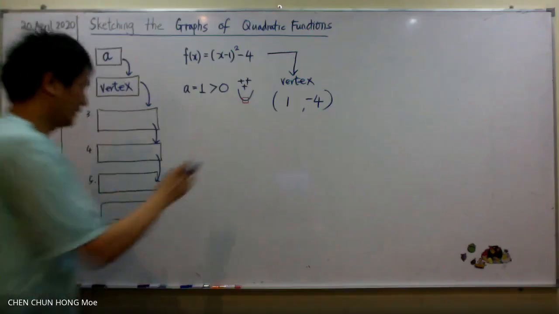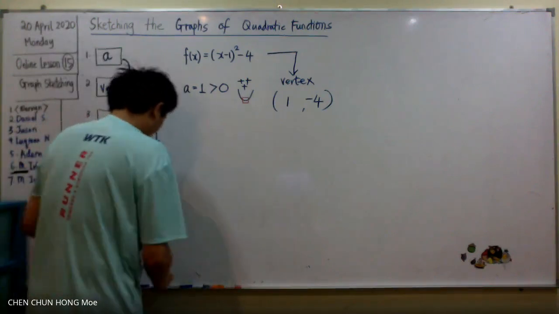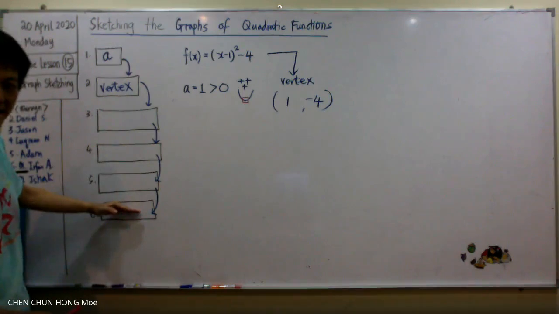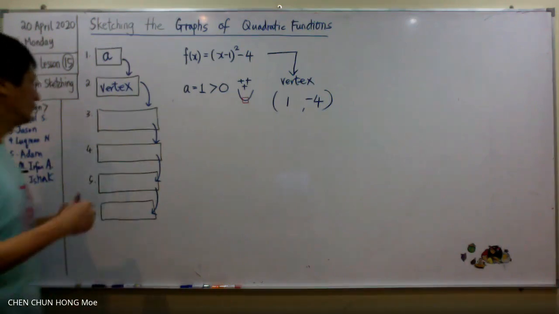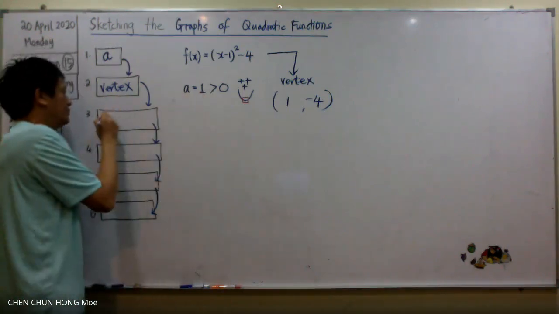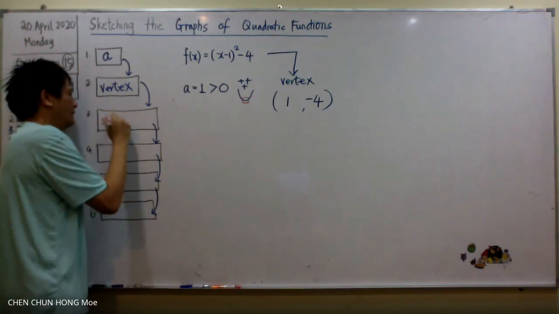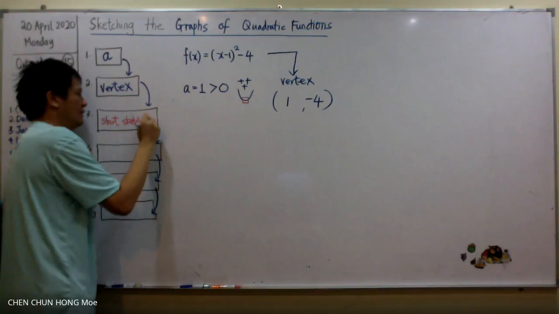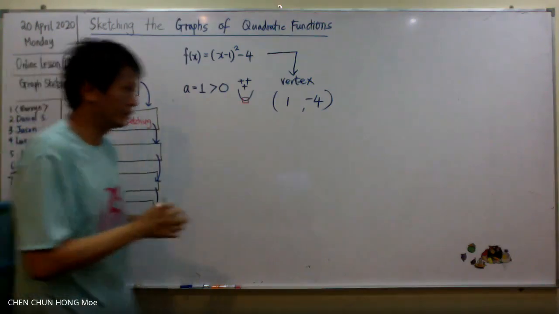So getting the vertex, in fact, some people get all the information before they start sketching. I will recommend, after getting the vertex, you can actually start sketching. You can already start sketching, meaning you will get a better picture.